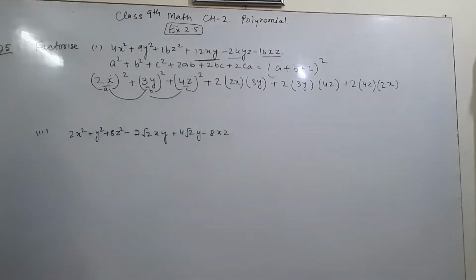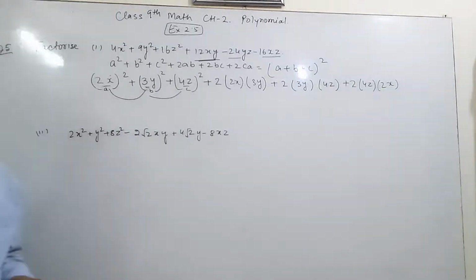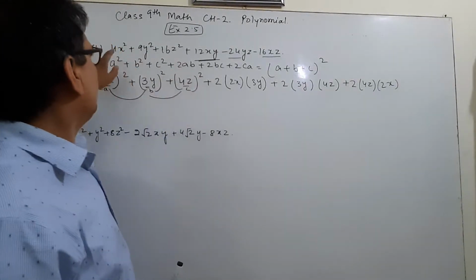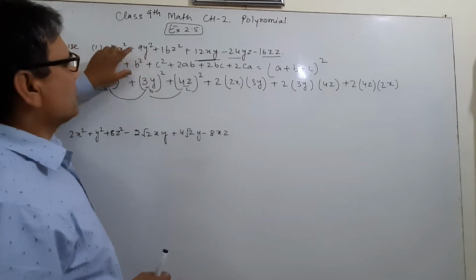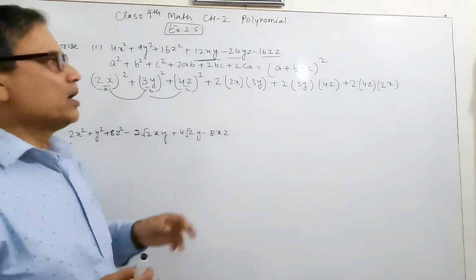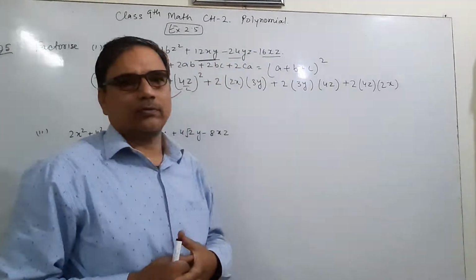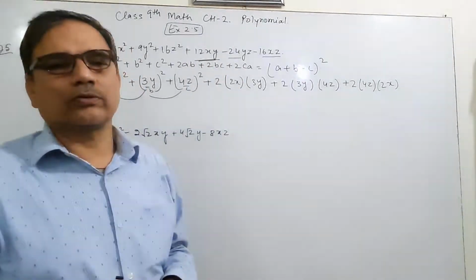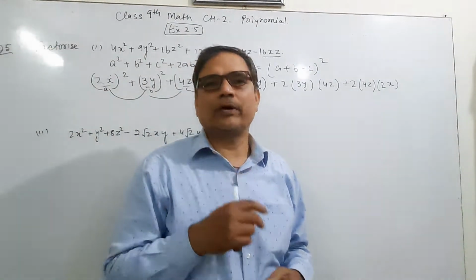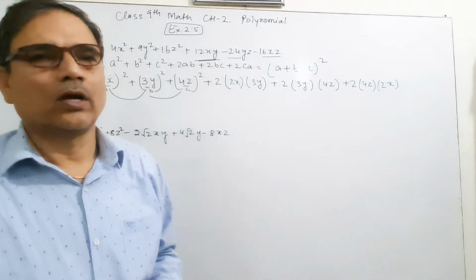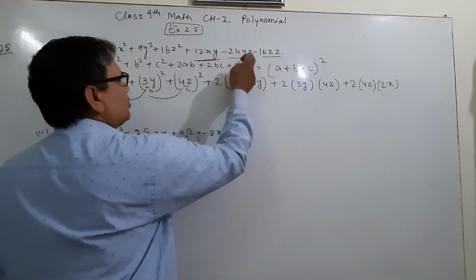Please listen carefully. This point you have to check carefully. The 3 terms which are squares will always be positive. And out of the remaining 3 terms, 1 will be positive and 2 will be negative. You have to check which one is positive.